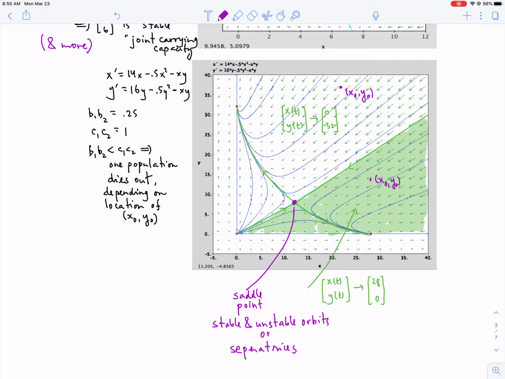For every saddle point, there will be curves which converge to the saddle point, and as you approach the saddle point, the directions of those curves are the eigenspaces for the linearized problem.